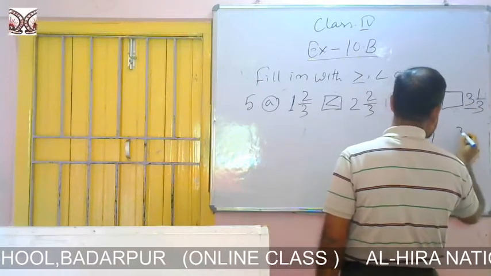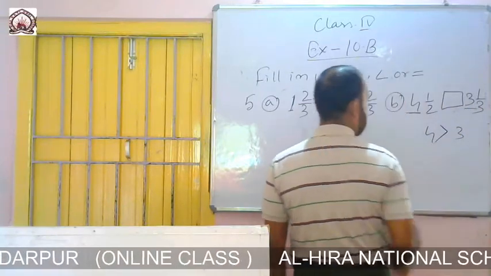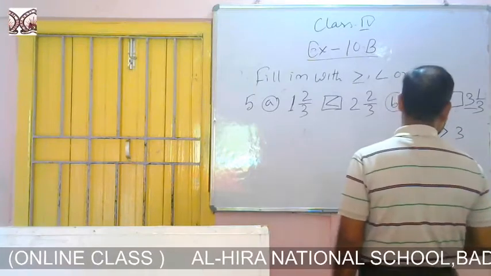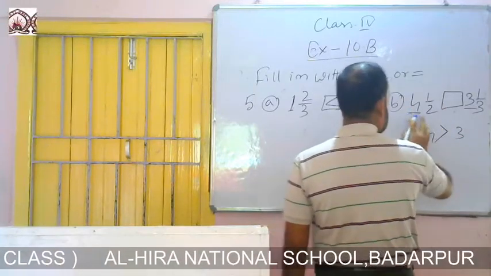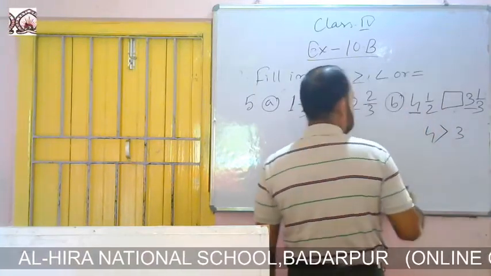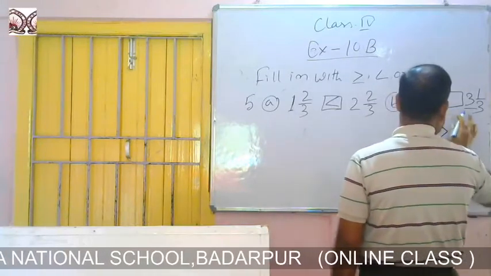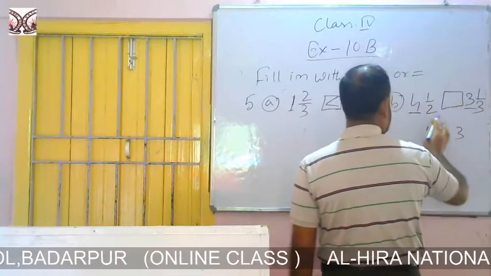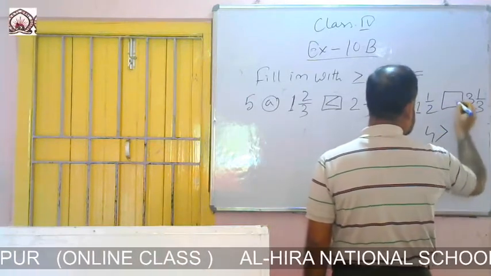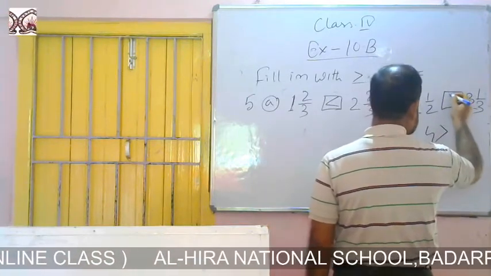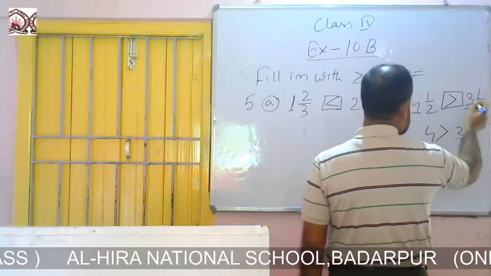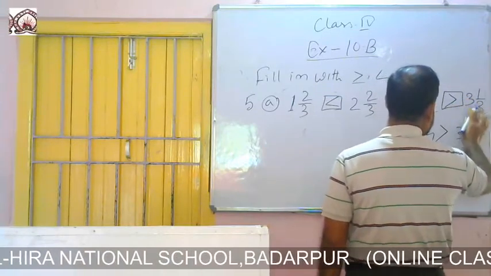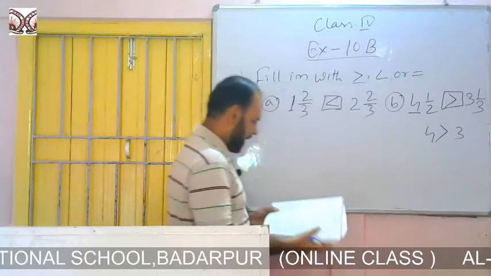So 4 is greater than 3. If integral parts are different, we only compare integral parts. So here 4 and here 3, 4 is greater, so 4 1 by 2 is greater than 3 1 by 3.